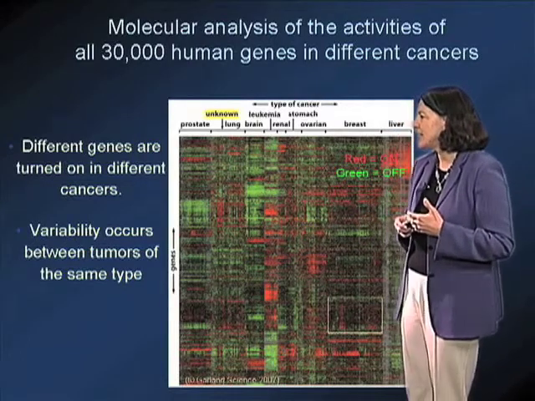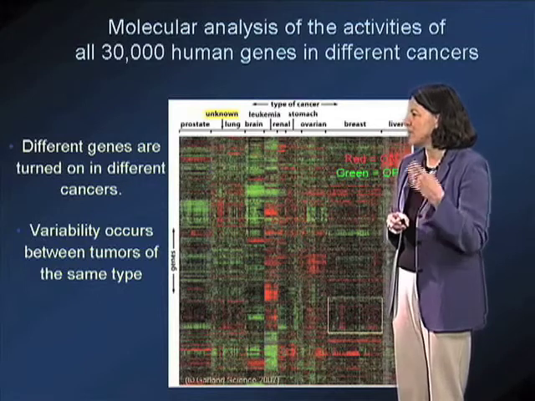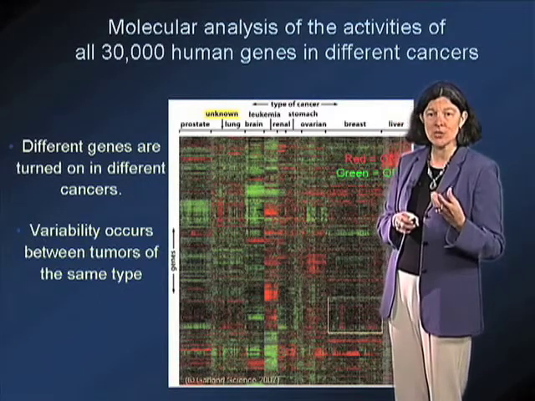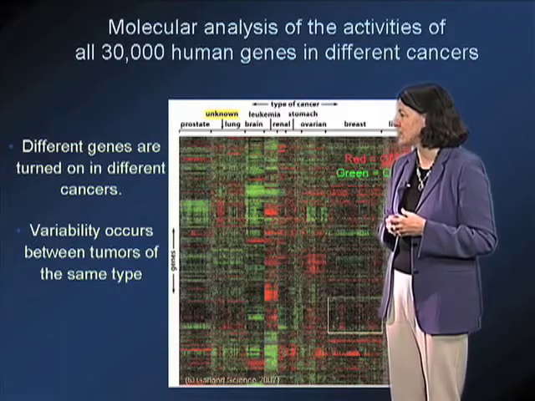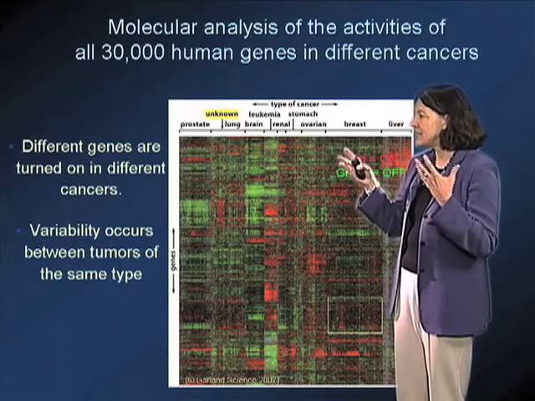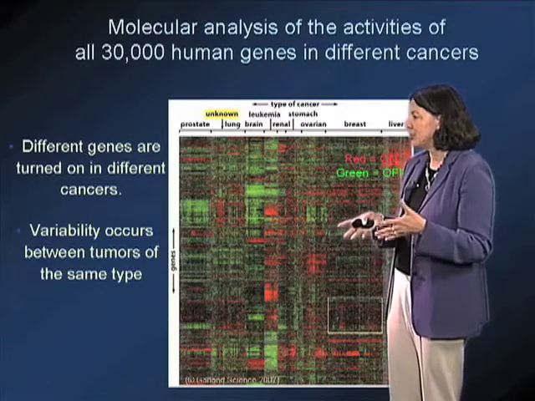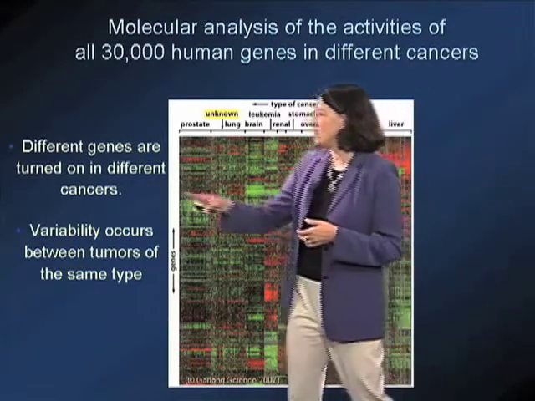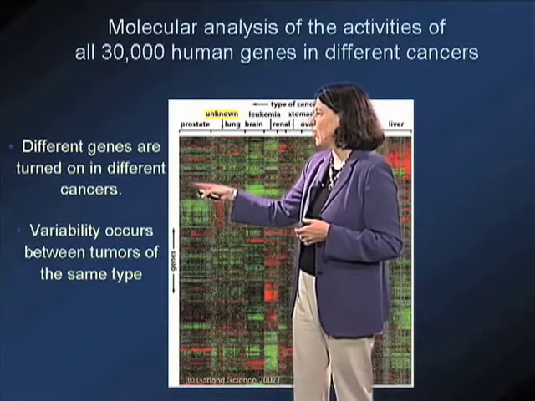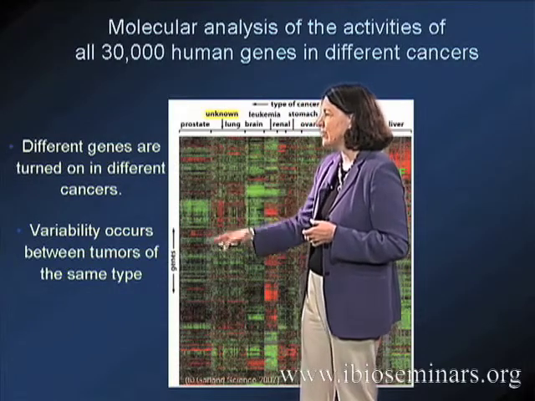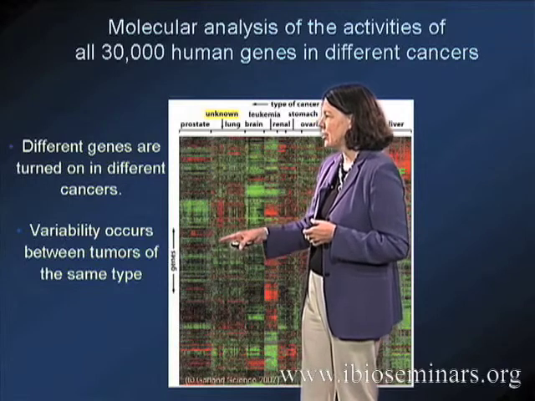And what you can see when you analyze this, with the green spots representing genes that are turned off and the red spots representing genes that are turned on, is that these patterns of gene expression actually segregate into groups. And many times you can see that, for example, here all of these prostate cancer samples have very, very similar patterns of expression.